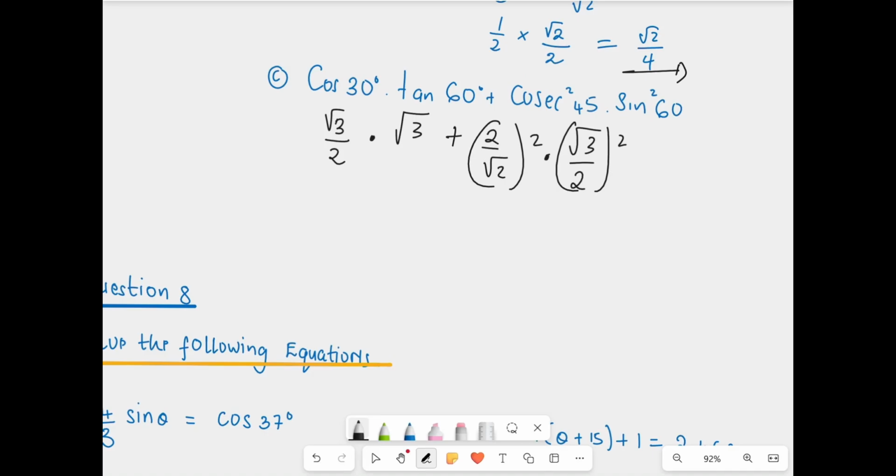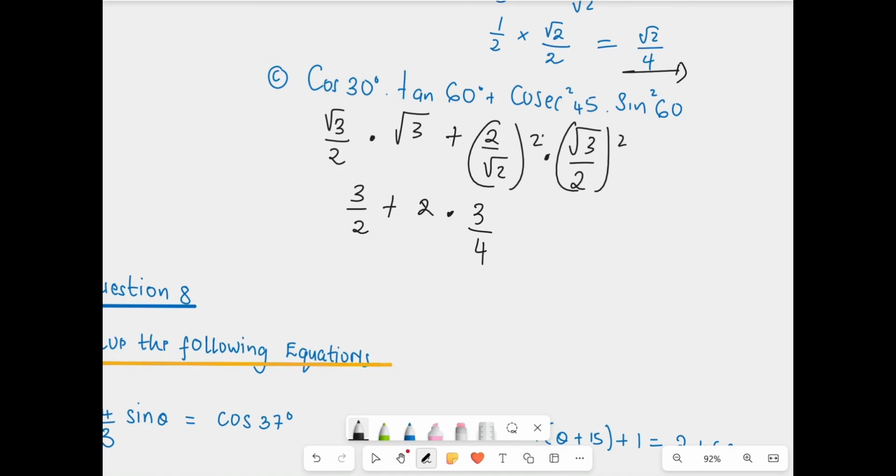From here, if we simplify this, this is the same as 3 over 2, and then plus 4 over 2, which is the same as 2. Multiply by, and then this one will give us 3 over 4.